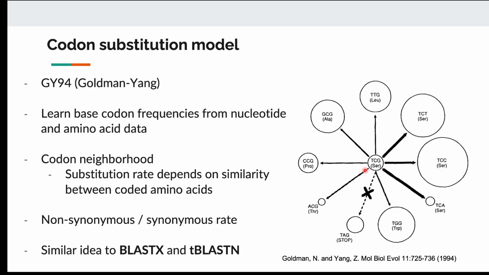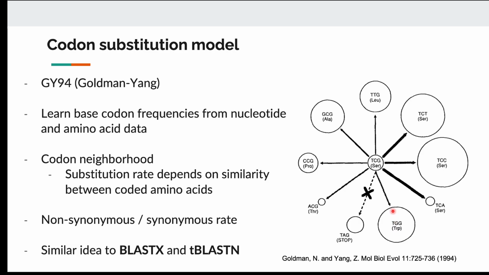And we can do this because of change at the codon level. Let's say we have the TCG codon, which codes for serine. If we have a mutation from the C in the middle into an A, it becomes a stop codon. If we change the C in the middle into a G, then we get a tryptophan, so a change in the amino acid.